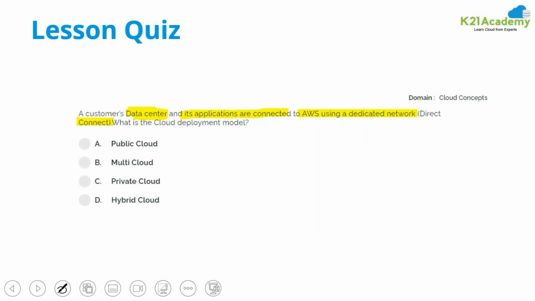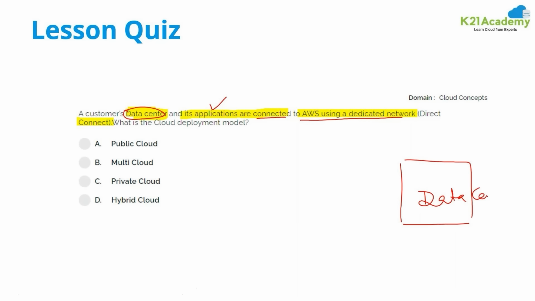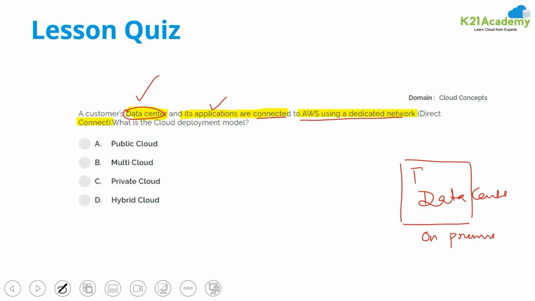A customer needs a data center for its applications that are connected to AWS using the direct or dedicated network. So if I draw it diagrammatically, there is a data center of customer, and its applications are available here.